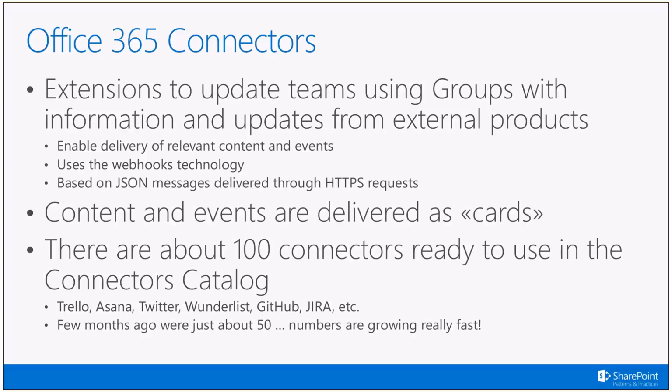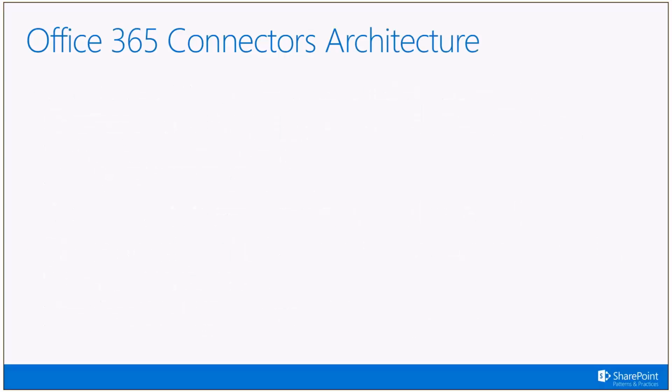Just to give you an idea of the growth trend, just a few months ago there were less than half of those connectors available in the catalog, about 50 connectors. So it is a catalog which is growing really fast. And we believe that you as Office 365 and SharePoint developers could be really interested in creating your own connectors, making them available in the catalog as well. And that's why we are talking with you about this topic today.